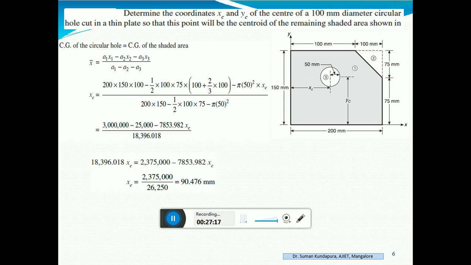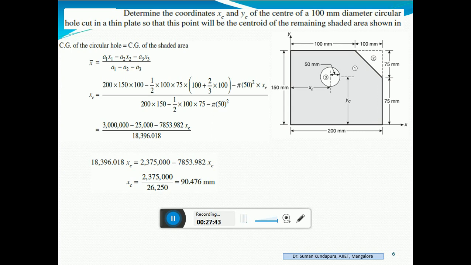We'll move on to the next problem. Please read this problem once or twice. Determine the coordinates xc and yc of the center of the 100 mm diameter circle hole cut in a thin plate so that this point will be the centroid of the remaining shaded area.